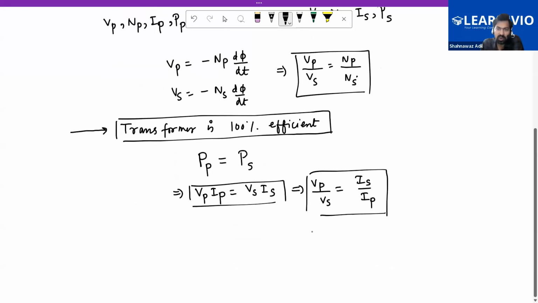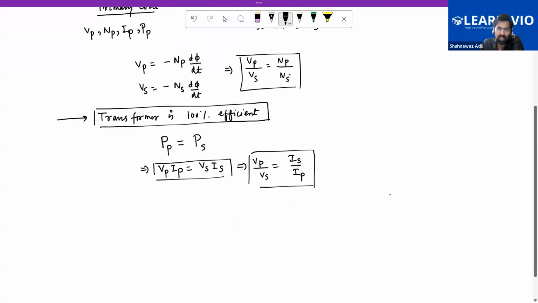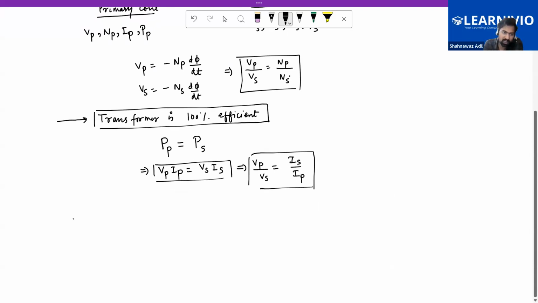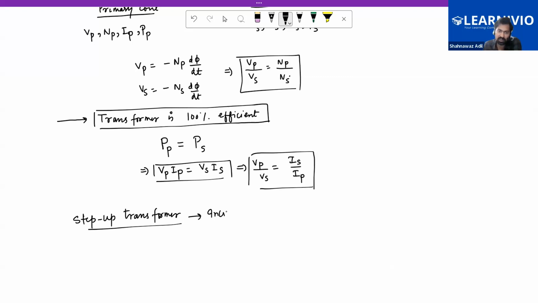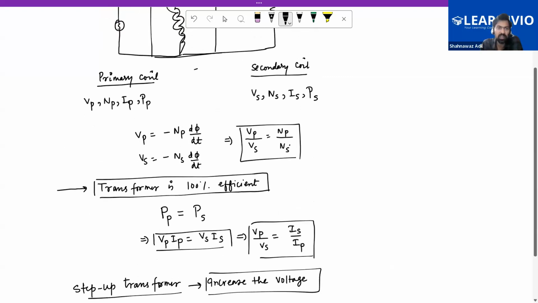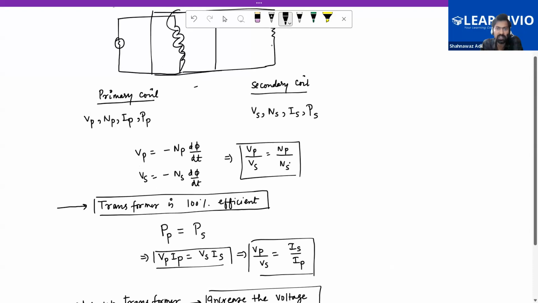Now what kinds of transformers do we have? One is the step up transformer. What do we mean by that? In a step up transformer, we want to increase the voltage. Whatever voltage we get in the primary coil, we want to increase in the secondary coil.